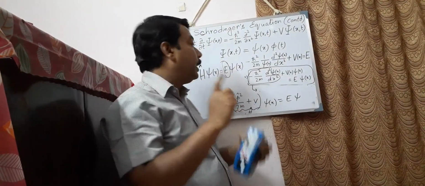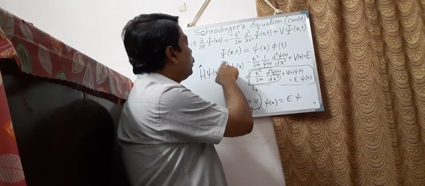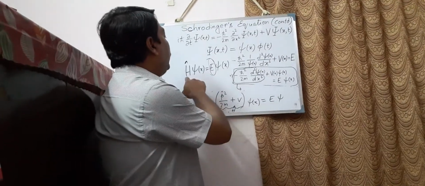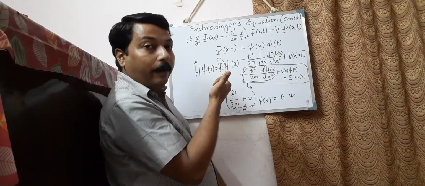Please recall, in the last lecture I used the separation constant with the notation E. Why I took the separation constant as E is clear from this equation. You see, this is an eigenvalue equation.